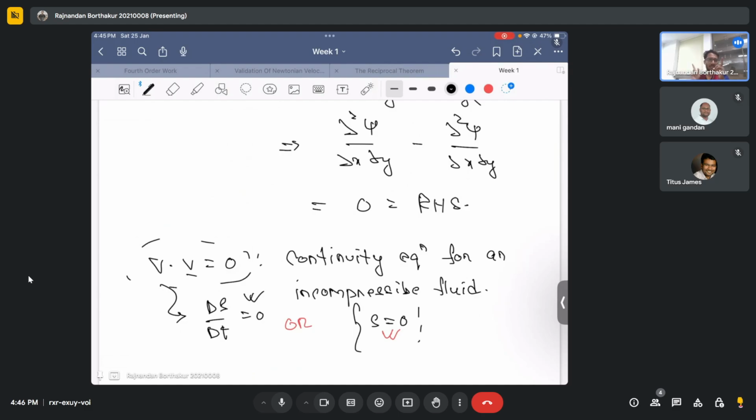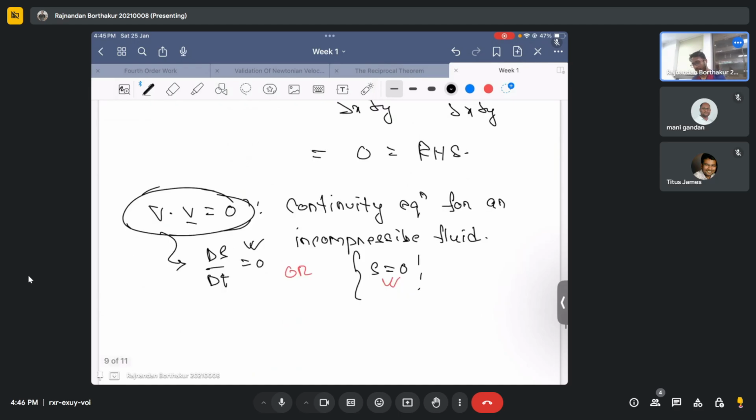If either of these two is satisfied, that means your density is not varying with time and not varying with space, you can use this form of the continuity equation. I'll not prove this, but if you have doubt, I'll clarify this in the next class, on why these two cases are sufficient to use the divergence free form of the continuity equation. Okay, now the objective is not that.